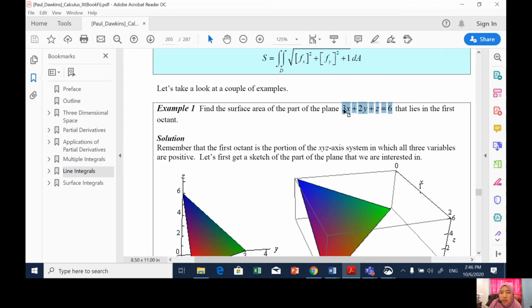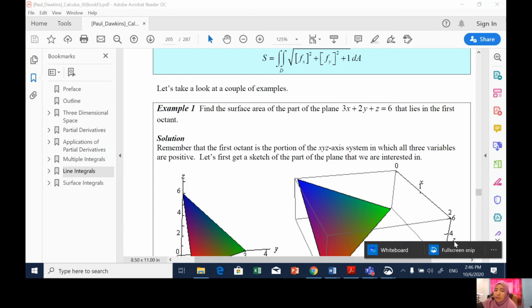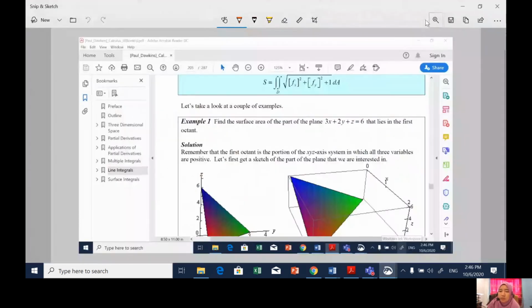From this straight line equation, we can express z, which will be 6 - 3x - 2y. So basically this is our function f(x,y).